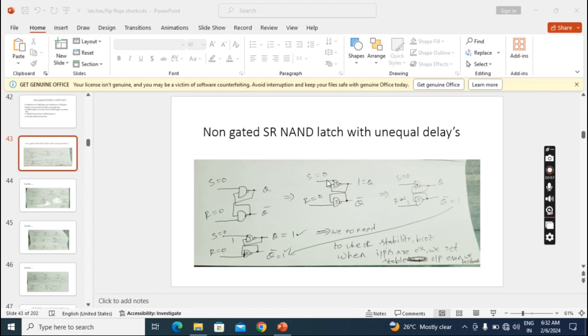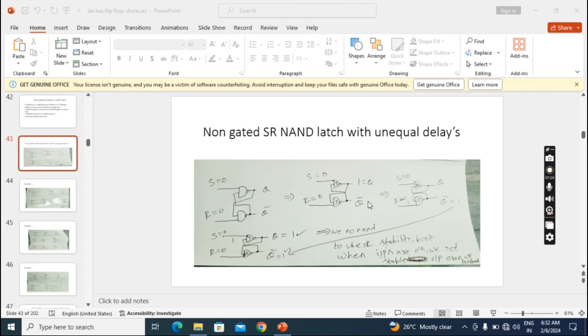I am showing this in this diagram; all these diagrams are for the first condition, 0 0 only. Now we got this Q first, so I will feed back this output to here. Now if any one input is 0, I will get 1. So Q bar is 1.